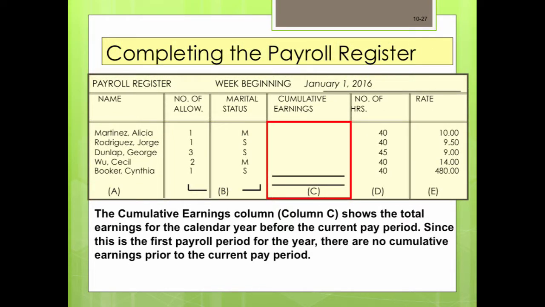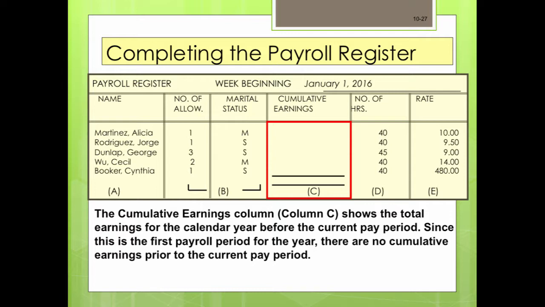So what is cumulative earnings? Since this is the first payroll period for the year, there are no cumulative earnings prior to the current pay period. This figure is needed to determine whether the employee has exceeded the earning limits for the FICA or the Social Security portion, as well as the FUTA and the SUTA taxes.